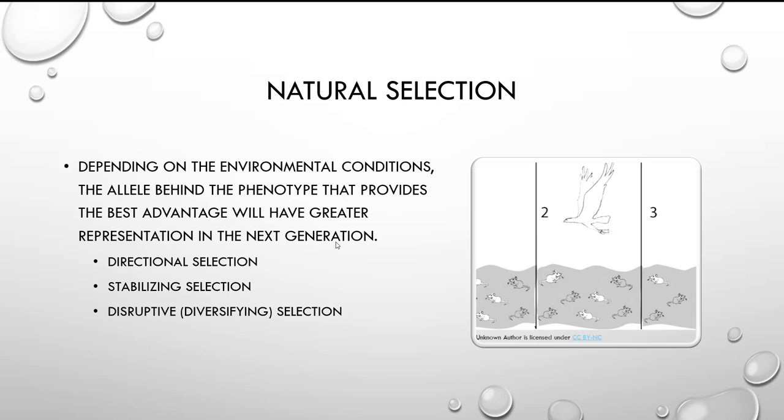Now, with evolution, we never want to assume that there's ever going to be a perfect condition. The mice that are currently black in coloration might be the best adaptation for this current environmental condition, but that doesn't mean it's always going to be the best adaptation. If the environment changes to maybe be a whiter color, then suddenly the darker colored mice may not have the best advantage.